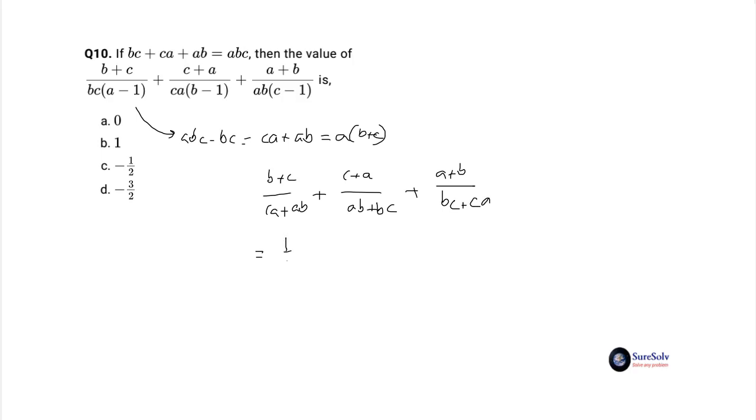Equal to 1 by A plus 1 by B plus 1 by C. Equal to BC plus CA plus AB divided by ABC. Equal to ABC by ABC equal to 1. Answer is option B, 1.